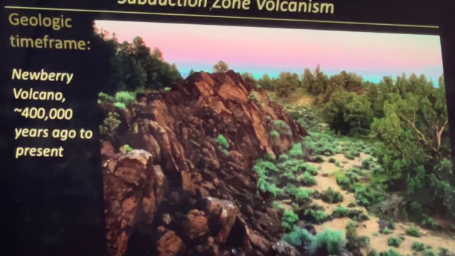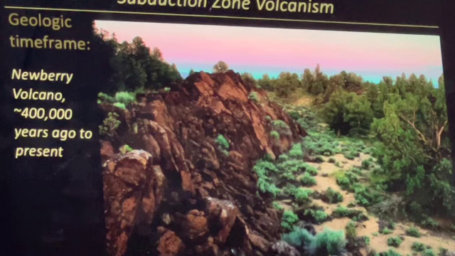The last eruption at Newberry was 1,300 years ago, which geologically is just the blink of an eye, and it is very active. A magma chamber has been imaged below the surface. There are hot springs, gas emissions, and little earthquakes. All of this is very clear indication that the volcano is still active and could possibly erupt.